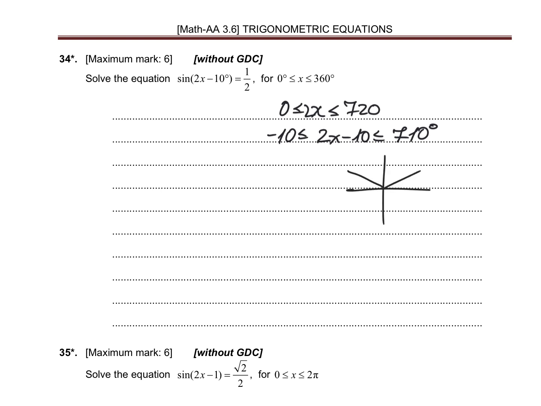And it's sine, so we're here and here. Okay, so 2x minus 10 is going to equal 30 degrees, and then 150 degrees. And then we just add 360, so that's 390, and then 510.